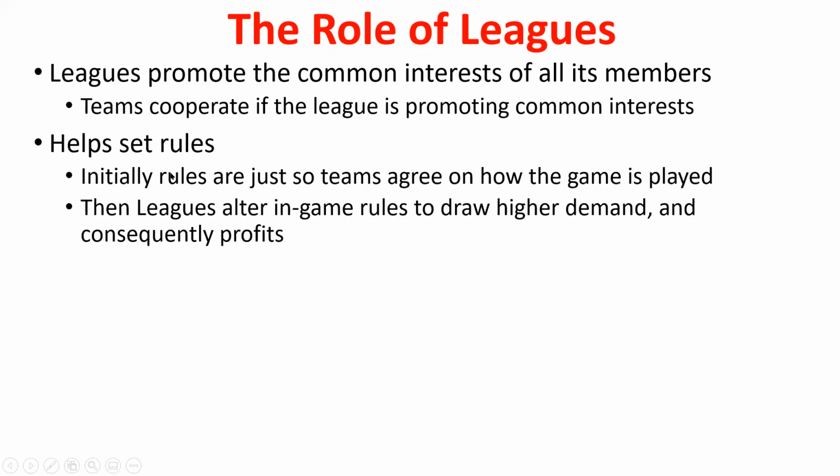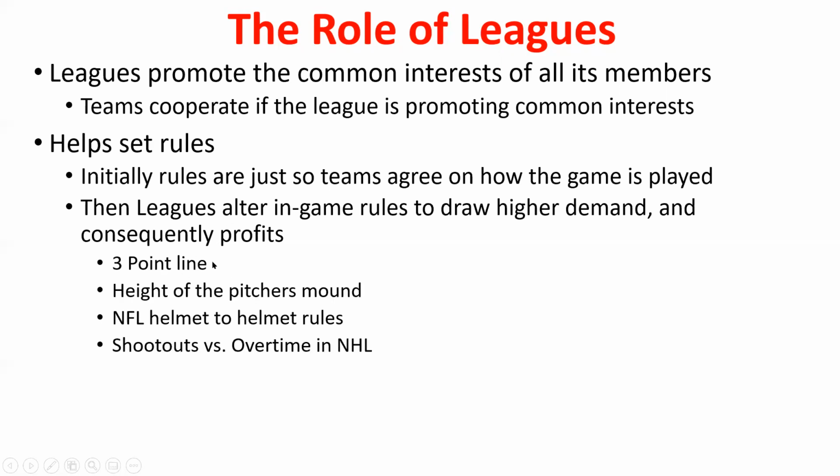They also set rules, right? This is agreeing that we're all playing the same game under the same set of regulations and rules. A lot of people maybe don't stop and think about why there used to not be a 3-point line in the NBA, and why they then instituted one.